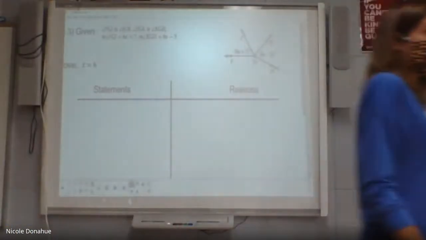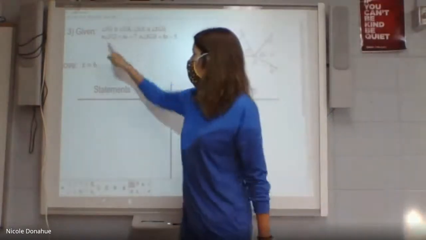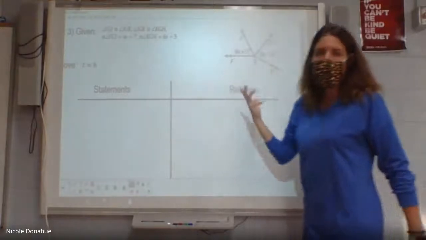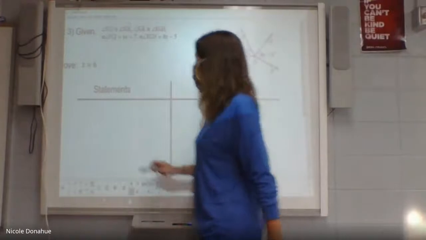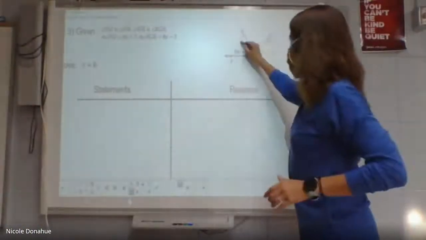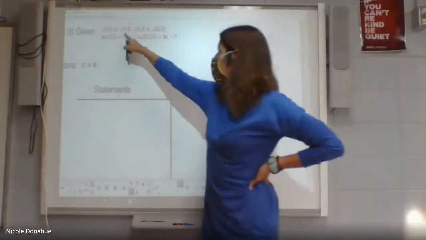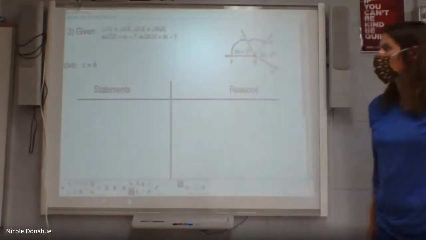I want to show you guys how we can take a geometry proof and make it into an algebra proof. Once you see this, it's just a few extra steps to get us to that point. This looks like a whole bunch of gibberish if you didn't know geometry before. It tells us that angle FGJ, this one, is congruent to JGK, which is this one.